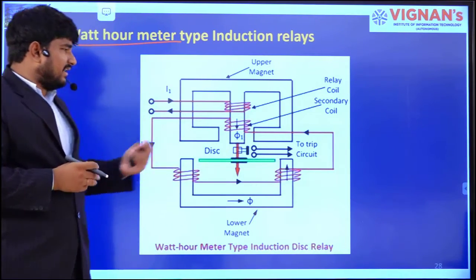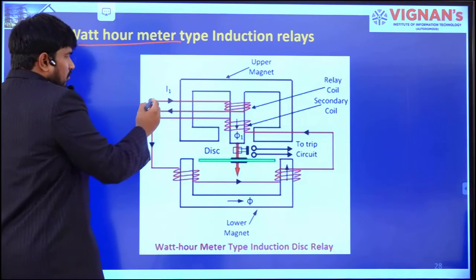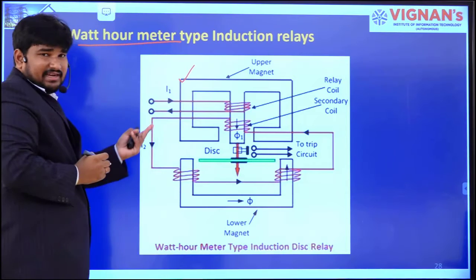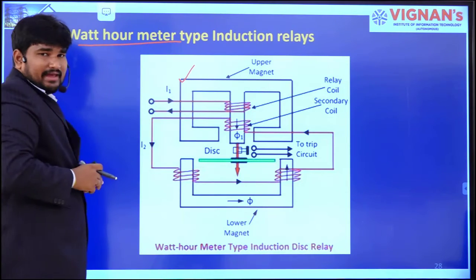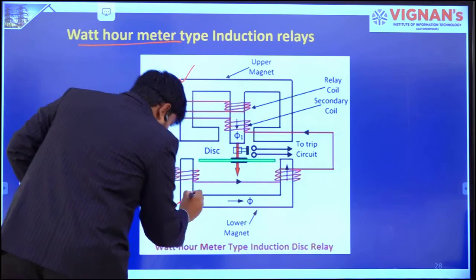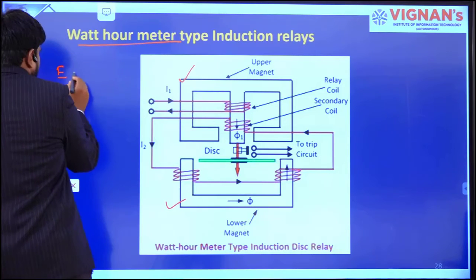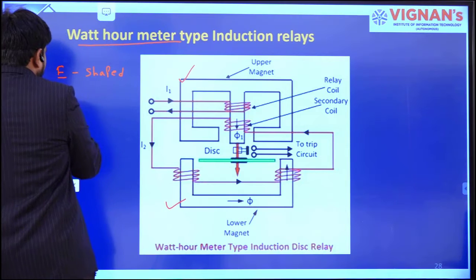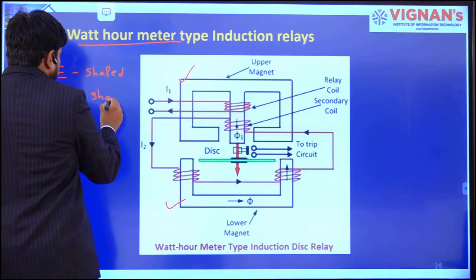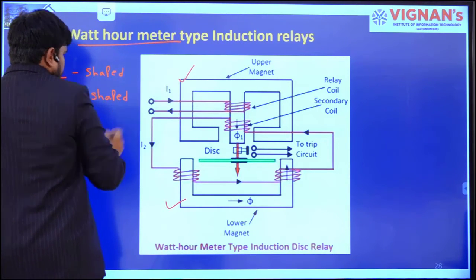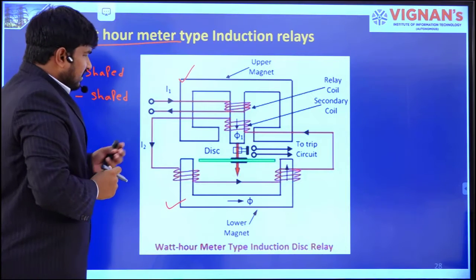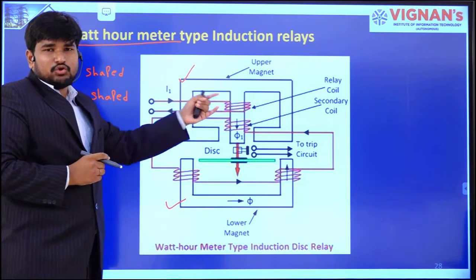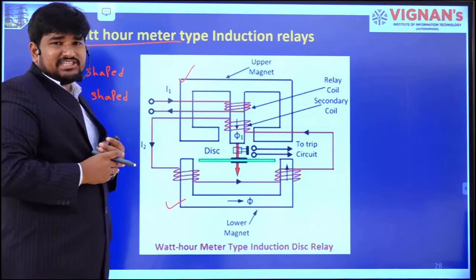In the case of the watt-hour meter relay, we have two magnetic cores: one is an E-shaped electromagnetic core and the other is a C-shaped electromagnetic core. Two windings are wound on the C-shaped core.